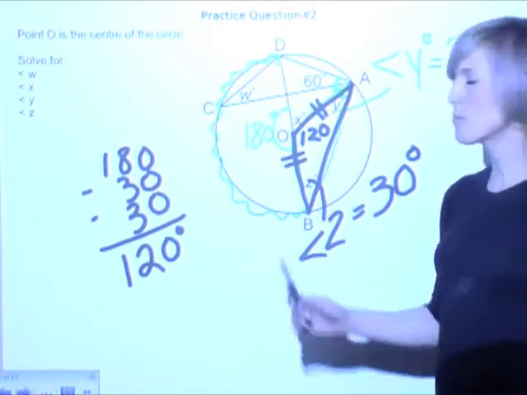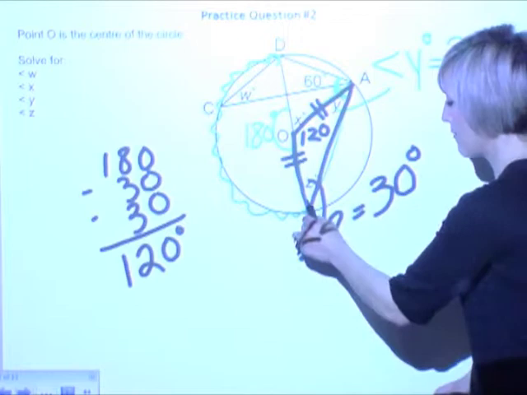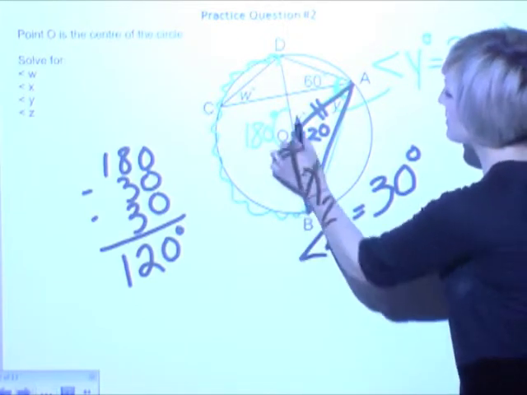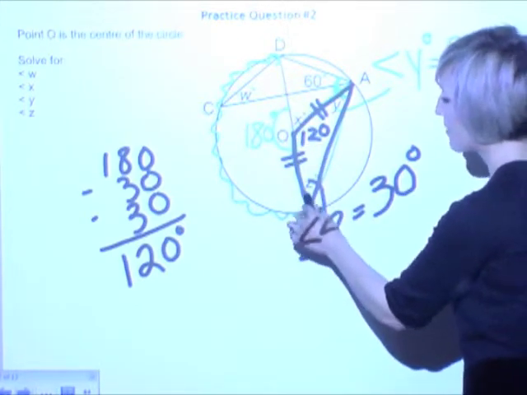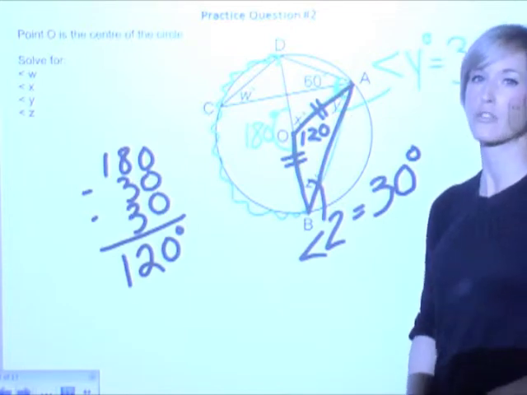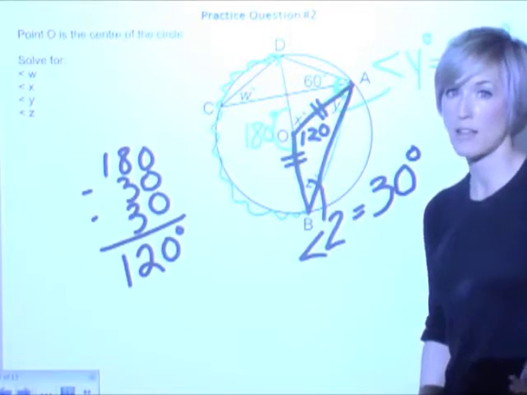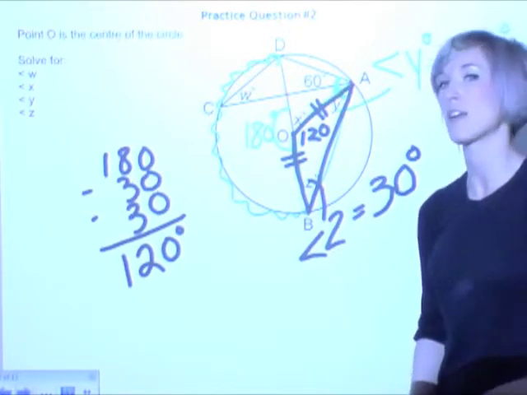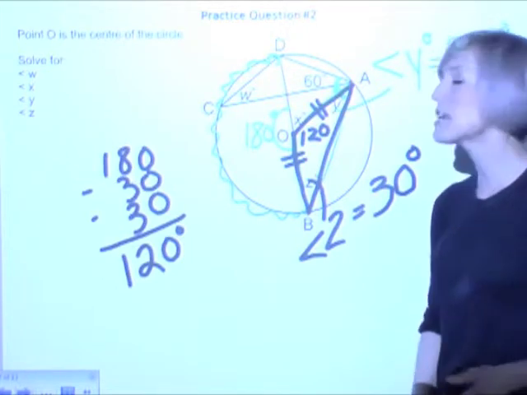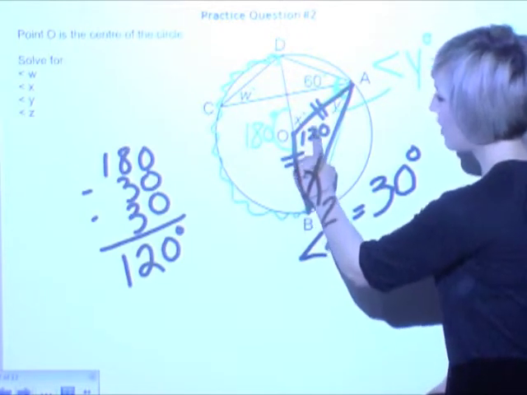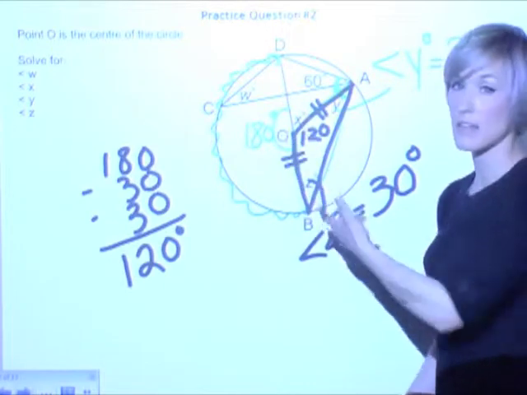How does that help me solve angle x? Well, if I follow the line from B to D, that's the diameter of the circle, it's a straight line. And we know that straight lines, which form straight angles, make an angle of 180 degrees. If this is 120 degrees, what's left over?